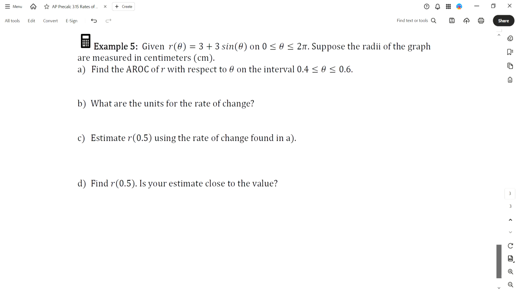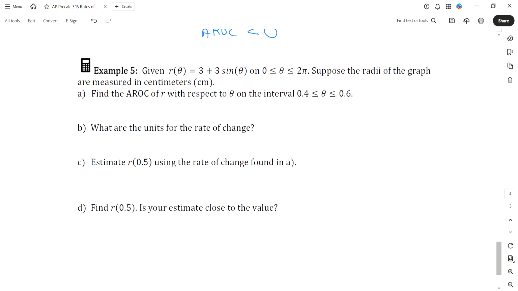Now, my last example is we're going to use the average rate of change to estimate a value. Now we have to use the calculator here because we don't know the exact value of sine of 0.4 or sine of 0.6.